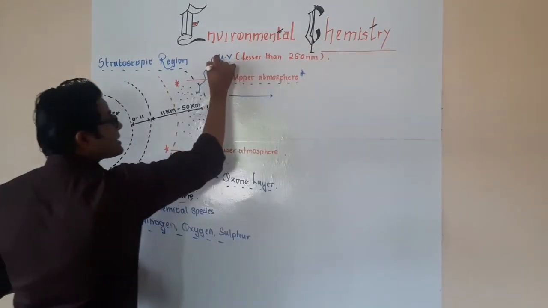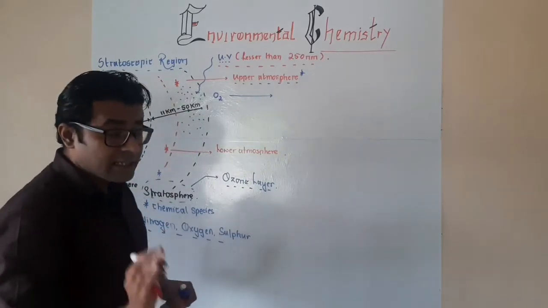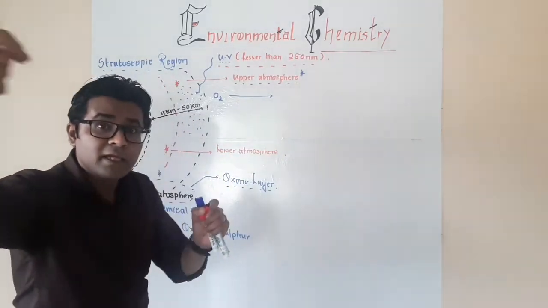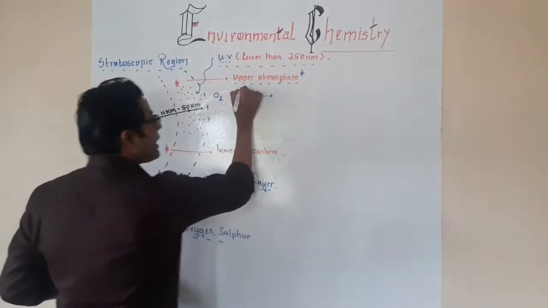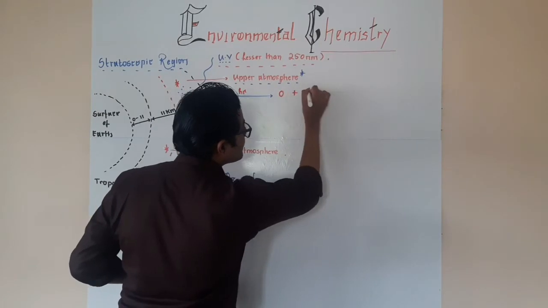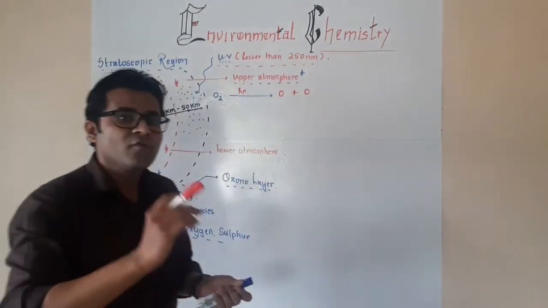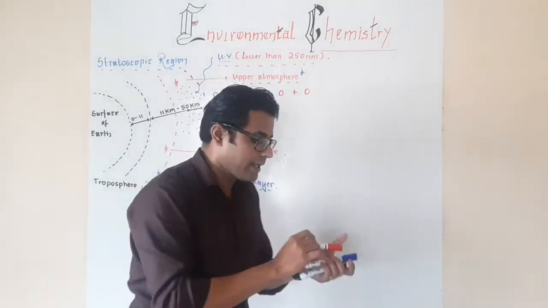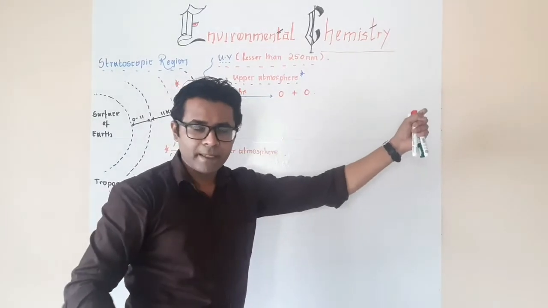When radiations having a wavelength less than 250 nanometers strike these oxygen molecules, the oxygen molecule gets photo-dissociated. This process is photo-dissociation, so the molecule is converted into oxygen atoms.